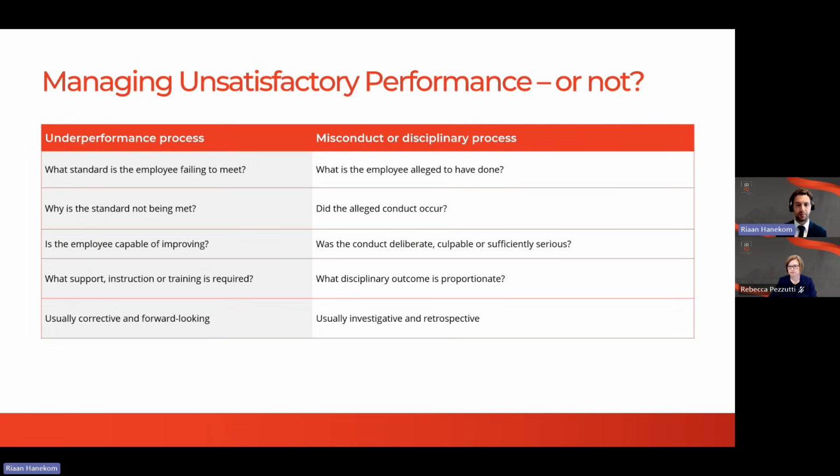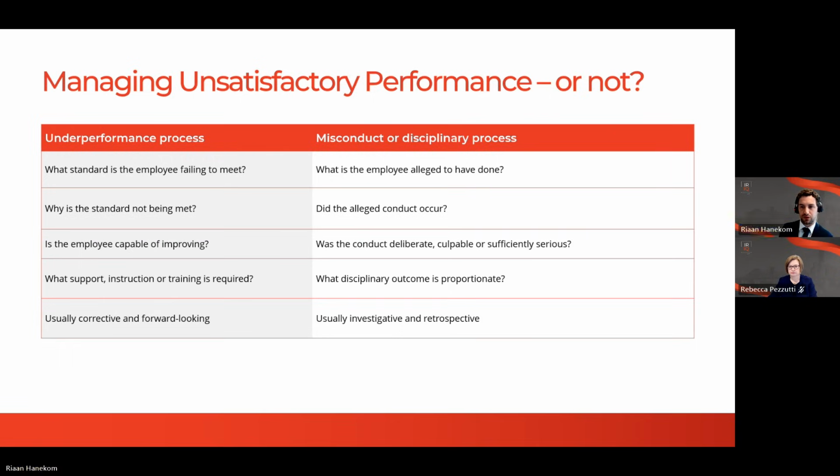Now, if we just think back to the cookie jar, you might not always know, for example, if we take the analogy of the jar being dropped, was it thrown on the ground or was it dropped? You might not know. And that's where, again, your workplace investigation will come in. But one is very clearly just an accident, and the repercussions for an accident are obviously much different to when something is deliberate.